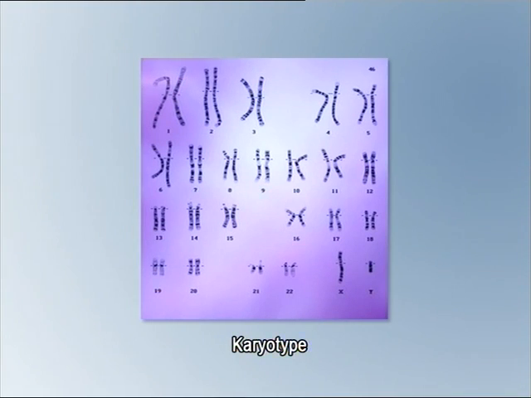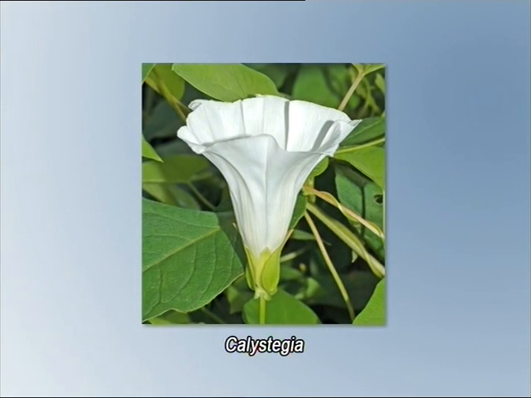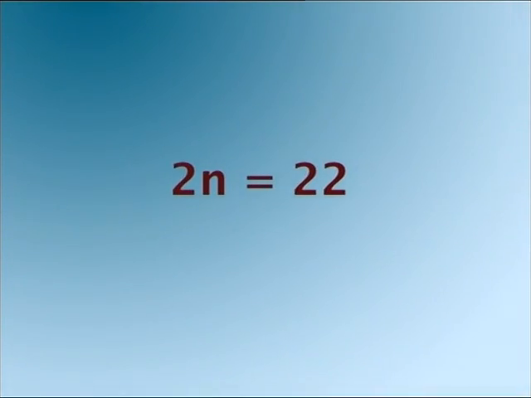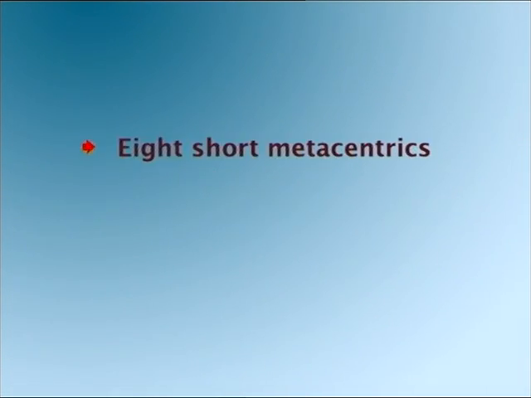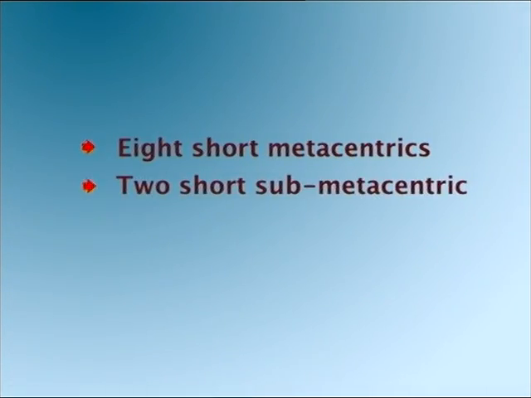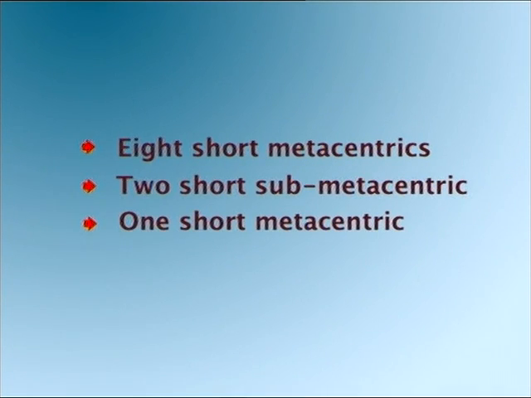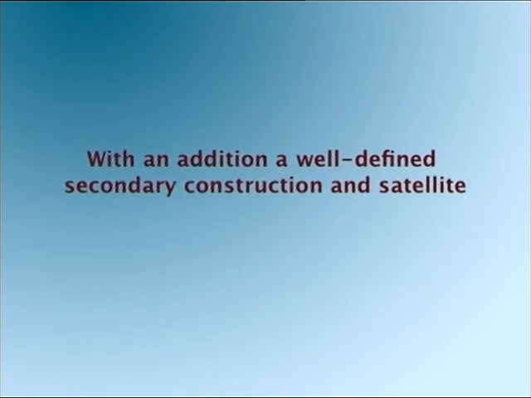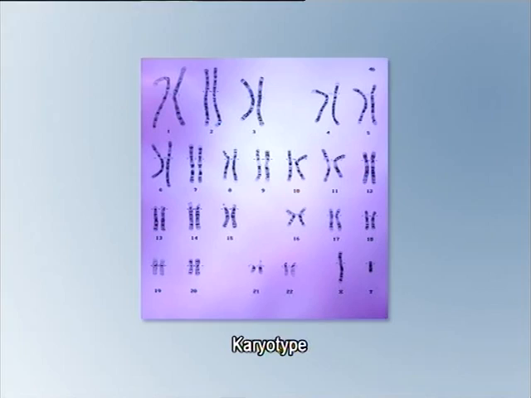The appearance of the basic chromosome set under the light microscope is known as the karyotype. For example, the karyotype of Calystegia, 2n equal to 22, consists of 8 short metacentrics, 2 short submetacentrics and 1 short metacentric with, in addition, a well-defined secondary constriction and satellite. For more accurate purposes, arm ratios can be used.